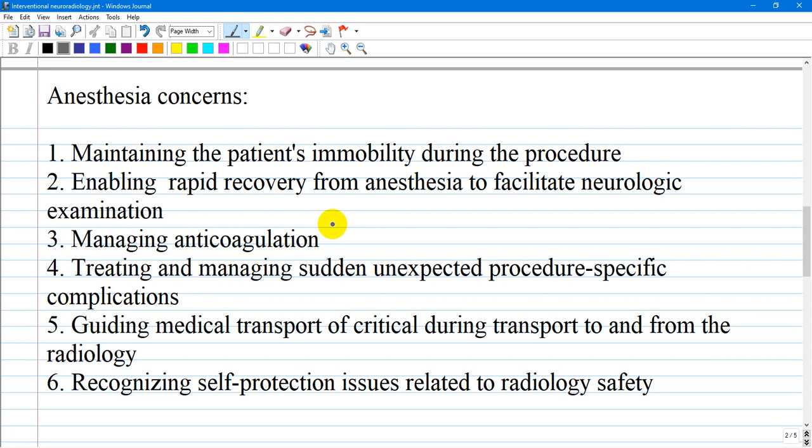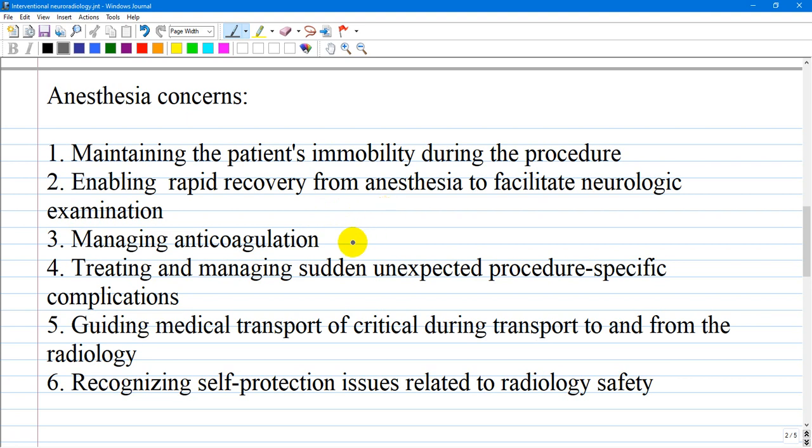The second is either enabling rapid recovery from anesthesia to facilitate neurologic examination and monitoring, or providing for intermittent evaluation of neurological function during the procedure.